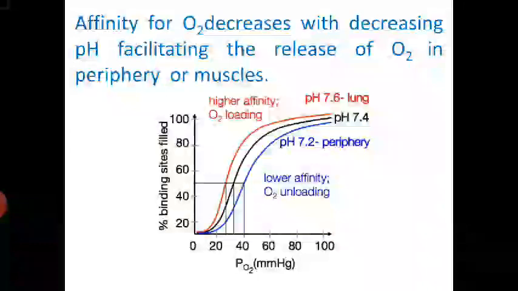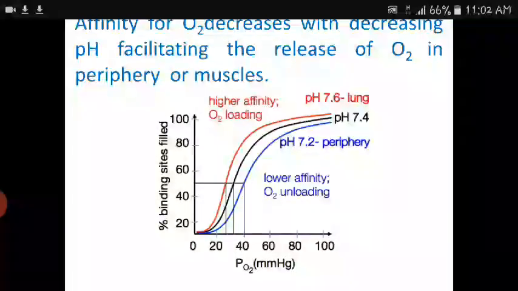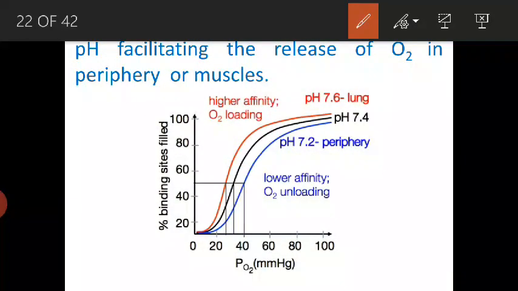For pH 7.6, which is red in color, the half saturation point is around 28 millimeters of mercury.